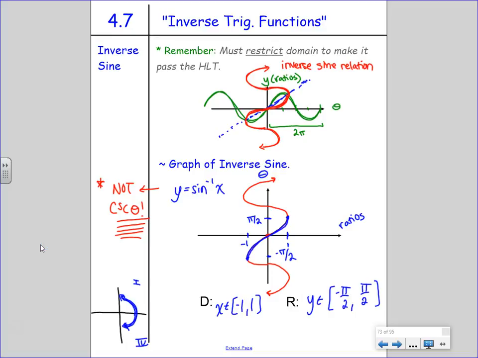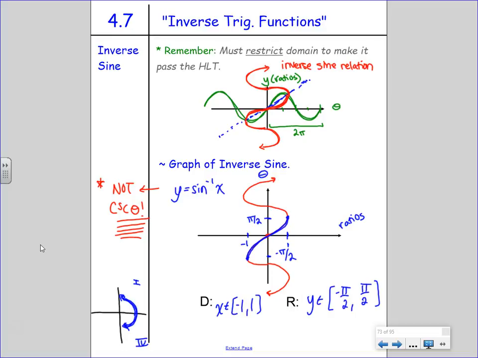Where is his vertical asymptote? Pi over 2. And this one? Negative pi over 2. And what was his period? 1/2 plus 1/2 is 1 whole pi. A little different than sine and cosine, whose period is 2 pi.